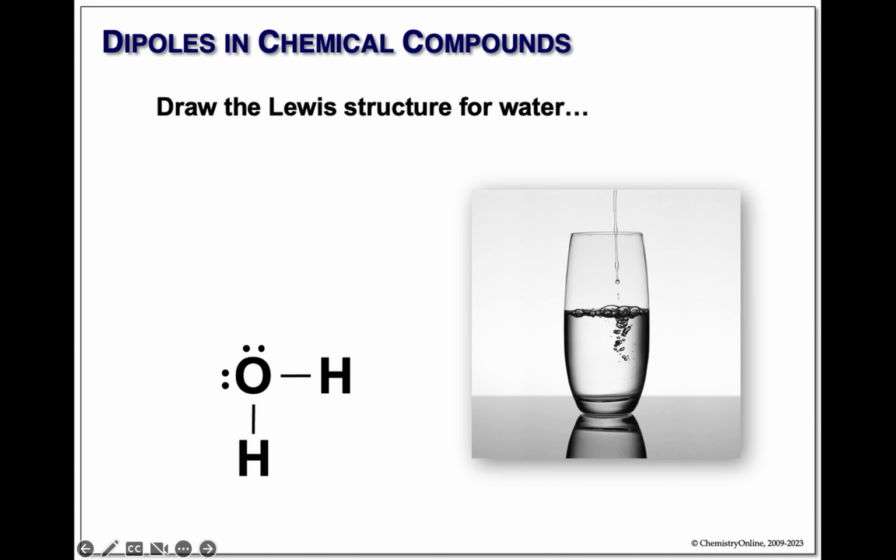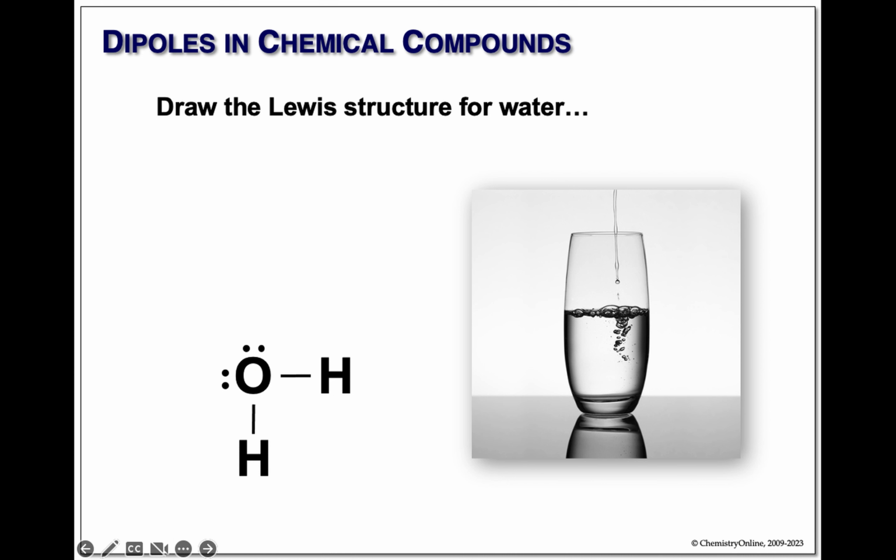Now, I have drawn this with the 2 hydrogens here on the same side of the oxygen, right here. The reason I did that isn't entirely arbitrary. I could have done it the other way. The reason I did it this way is because this approximates what the geometry of water really is.